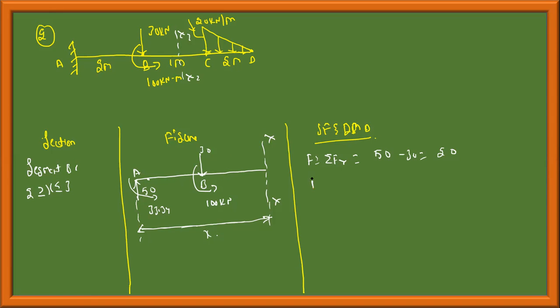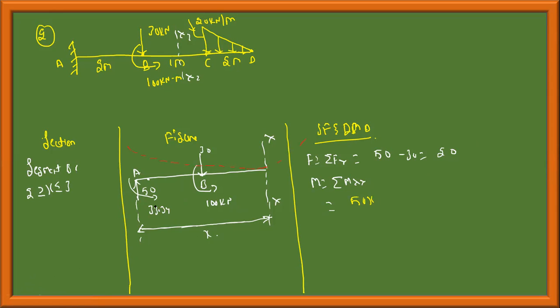Then moment, summation of moment about xx. 50 is bending the beam about this point like this. It is hogging, which is positive, smiley face. 50 into x is positive.